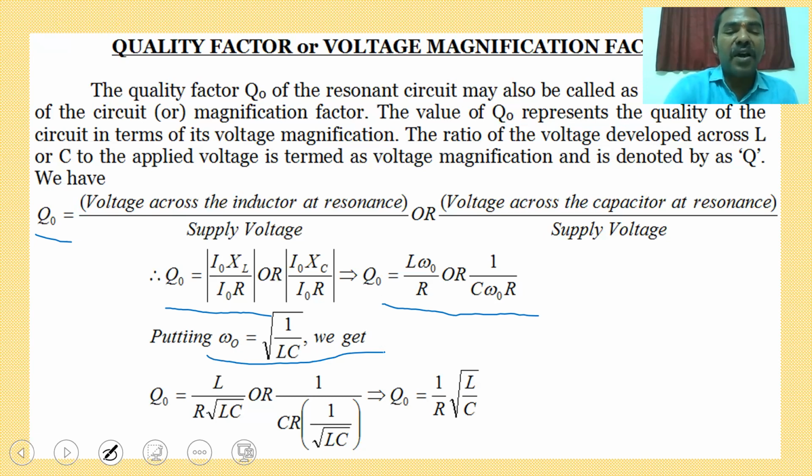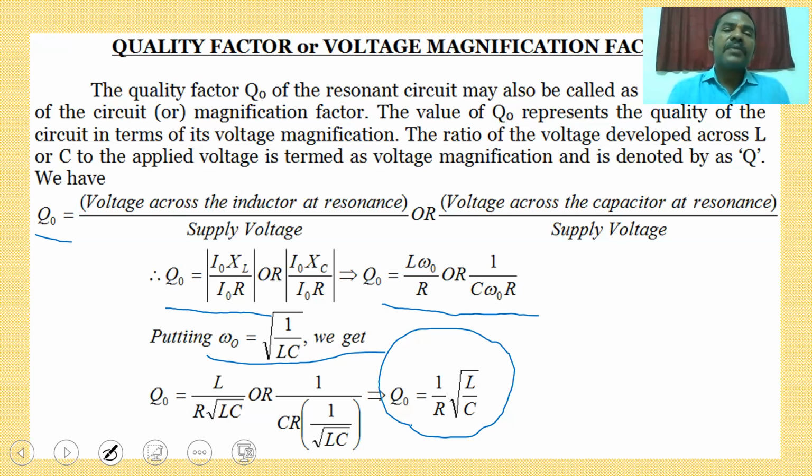So finally, from both equations you can get the Q naught value as 1 by R root L by C. This is the quality factor we are getting for voltage magnification in the voltage drop across the resistor, inductor and capacitor for a given voltage of V volts AC supply connected to your RLC series circuit.